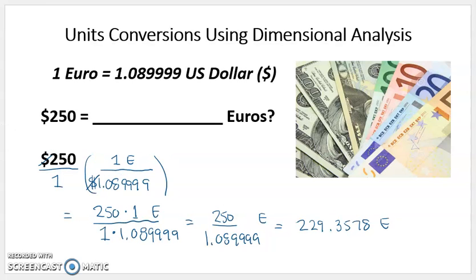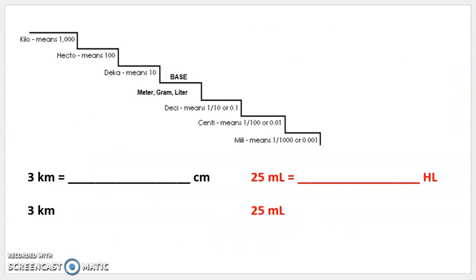Now let's use this technique to convert metrically. So using the metric system, these are conversions that I actually went through in a previous video, and we're going to check our work using dimensional analysis. Now, when I do dimensional analysis with this, I always use as a conversion factor, I go from large to small. In this first problem, I want to convert from kilometers to centimeters.